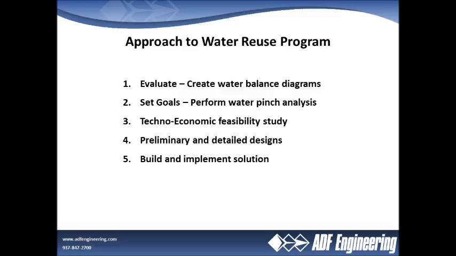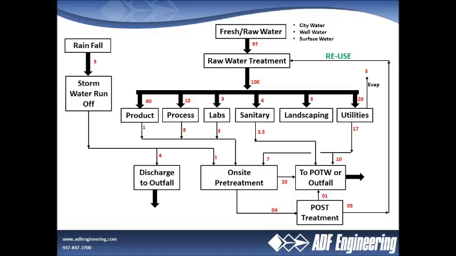So here's an example of a high-level water balance diagram that I was just speaking about. You'll have fresh water coming in. You might have some kind of raw water treatment. You may not. And then down below, you have all your industrial users. From the users, you'll likely have a portion of the water going to some kind of waste collection system.